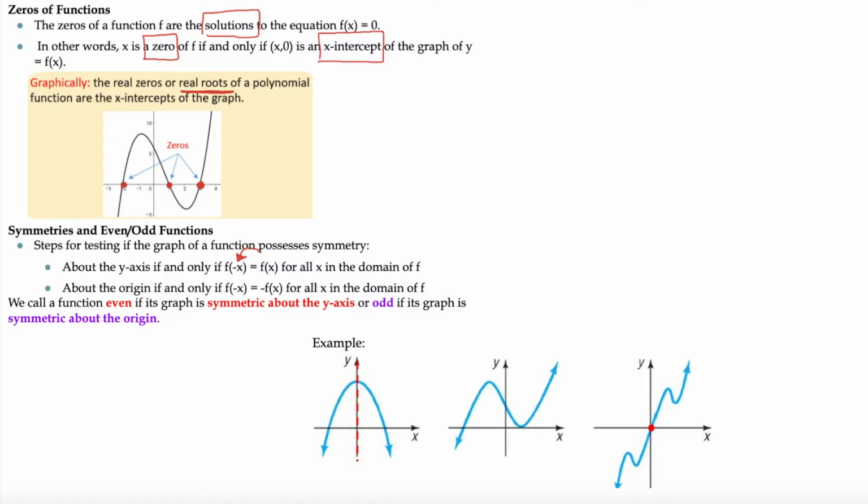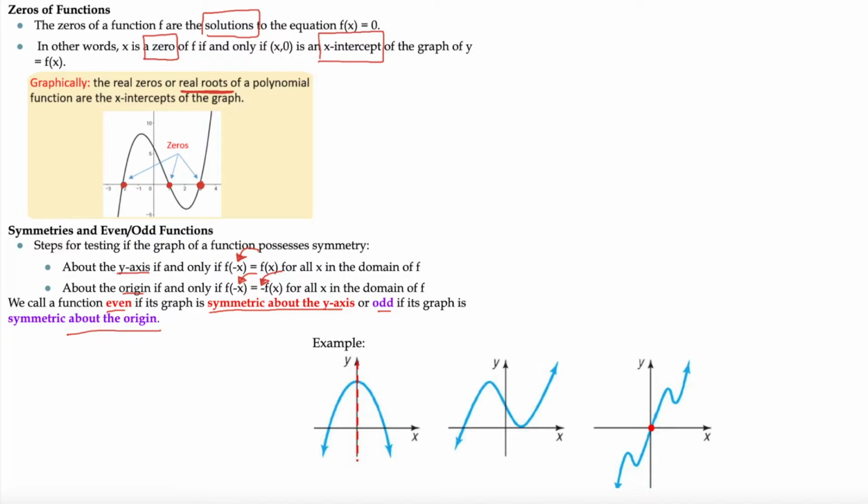It is symmetric about the origin if and only if I substitute negative x into my function and I get the opposite function itself. We call it an even function when it is symmetric about the y-axis, and an odd function is symmetric about the origin.